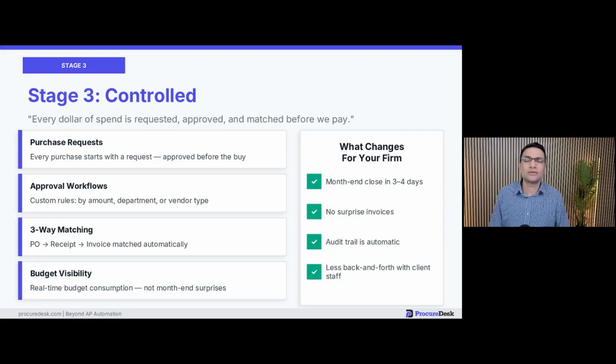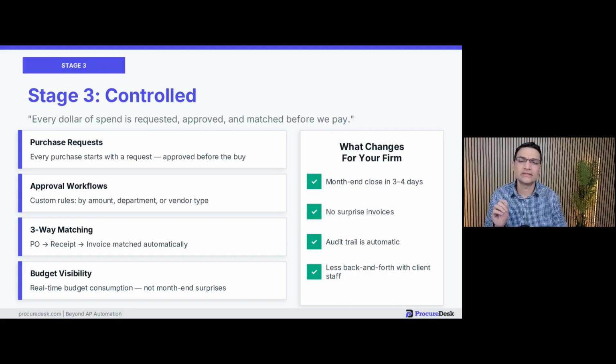Stage three is control. So here is where you start seeing, I would say, efficiency from a process standpoint. Typically at stage three, you have a purchase request process where employees are putting in requests for whatever they want to buy. It goes through an approval workflow process. So it is defined in a way that departments are reviewing the expense before they actually make the purchase.